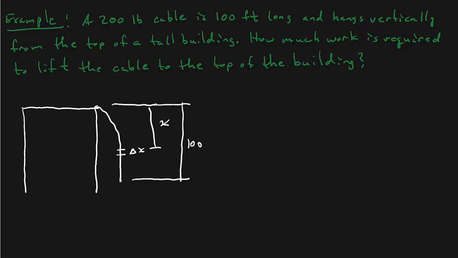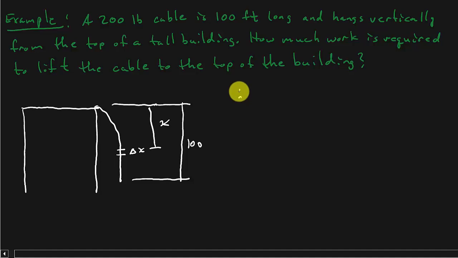So we need to get the weight of this little piece here. All right. So it tells us a 200-pound cable is 100 feet long. So that entire 100-foot cable weighs 200 pounds. So this tells us that the cable weighs 2 pounds per foot.